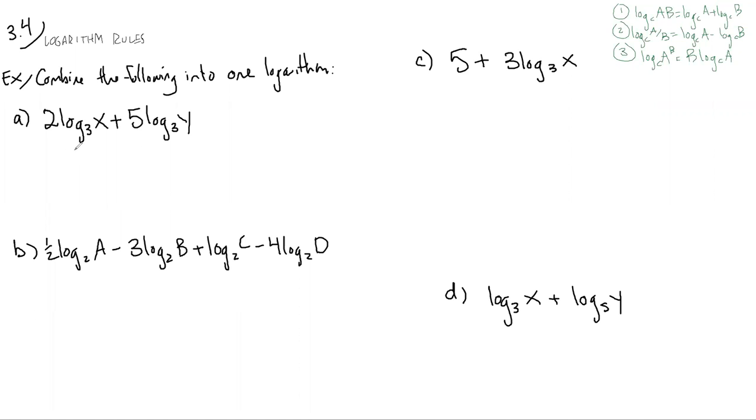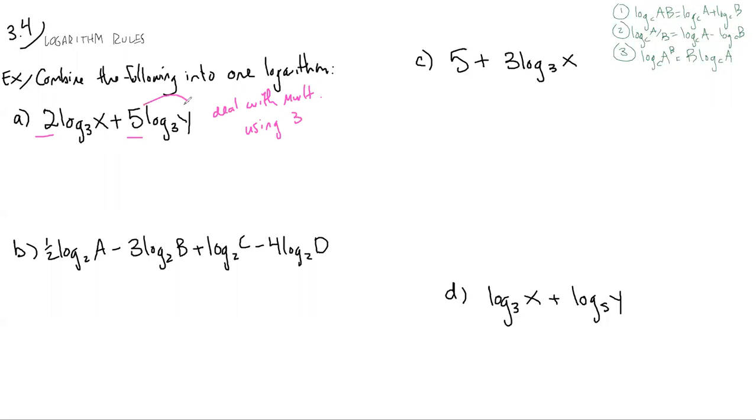So for example, if you look at rules 1 and 2, you might be looking at A and seeing that there's addition between the 2 things. But if you look at rule 1, you'll notice that the added things are just simple logs. They don't have numbers out front of them. So in order to add them, we have to get rid of the numbers out front first, which means we have to deal with the multiplication first. So that's going to be stage 1, dealing with that multiplication using rule 3.